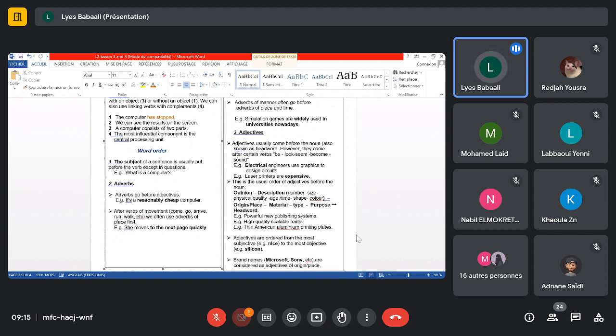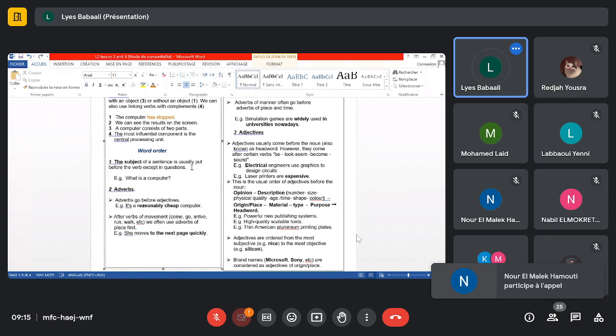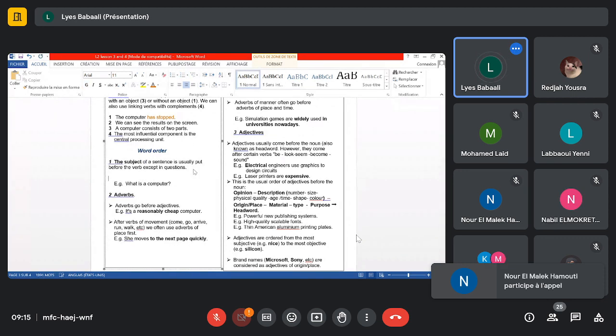Let's see the first general rule that we have to know: in a sentence, we usually put the subject before the verb, like I eat.